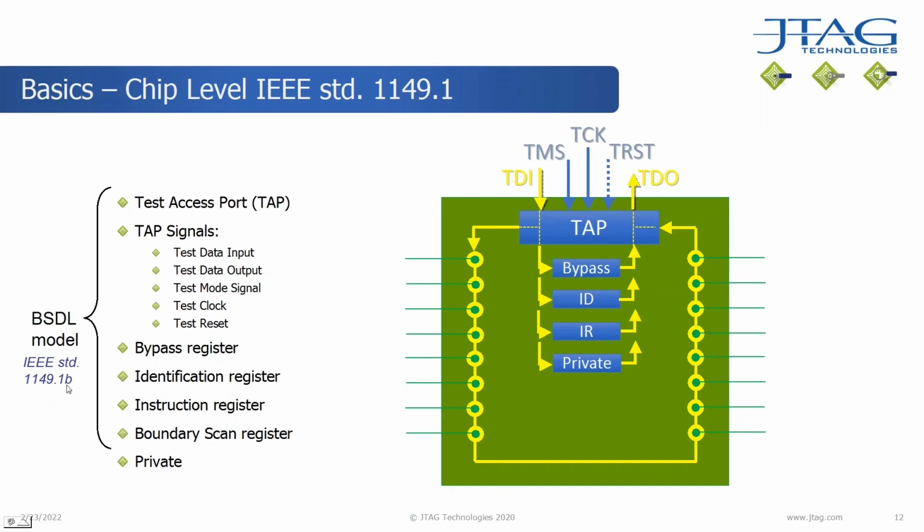And if the vendor of a device claims that their device is compliant to the standard, the base standard 1149.1, then they must supply the BSDL model. It's part of the compliance statement. And it's an important bit of information because it's what is used by nearly all test software systems in order to manipulate the part and use it for testing.